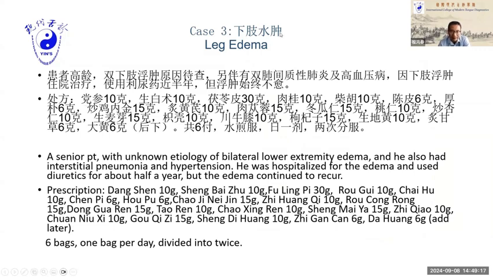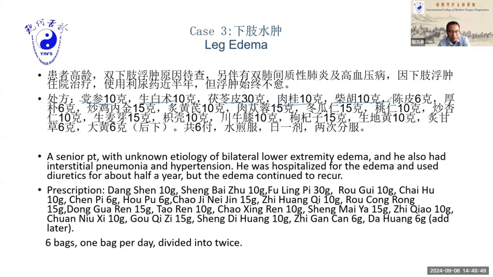I will simply explain the prescription. We have Dangshen and Baizhu to tonify the spleen. We have Fulingpi for the edema in the leg. We have Rougui to warm the kidney yang energy.